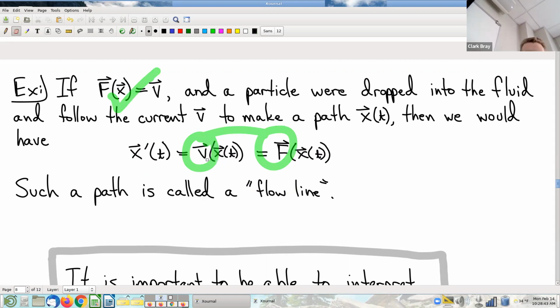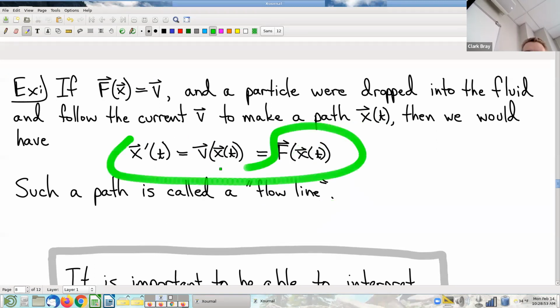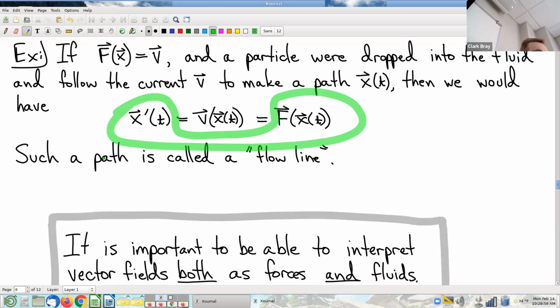So altogether, the way you're going to find this curve, this path that we're looking for, this flow line, is to look at this system of differential equations here. I know y'all haven't seen how to solve systems of differential equations yet, but that's all this is. We have 2, maybe 3 different coordinates in this velocity vector.